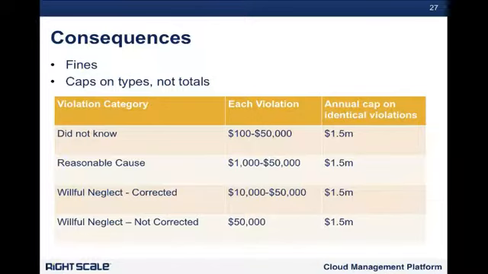You knowingly didn't patch something, and it got exposed, and then you fixed it. Willful neglect but then corrected, again $10,000 to $50,000 depending. And if you willfully neglected PHI and didn't fix it within a reasonable time frame, it's $50,000 for each violation, up to 1.5 million per year for that instance. Another instance, boom, boom, boom. Does that make sense?